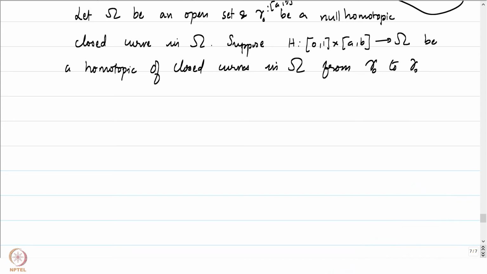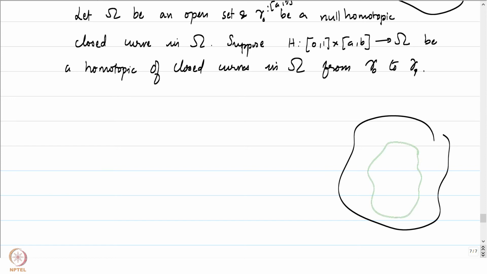So, we now have two curves here, gamma 0 is something like this, and gamma 1 is something like this. Suppose we have a homotopy in this manner, along these lines is how the homotopy goes. Of course, there are no holomorphic functions yet involved in this story.